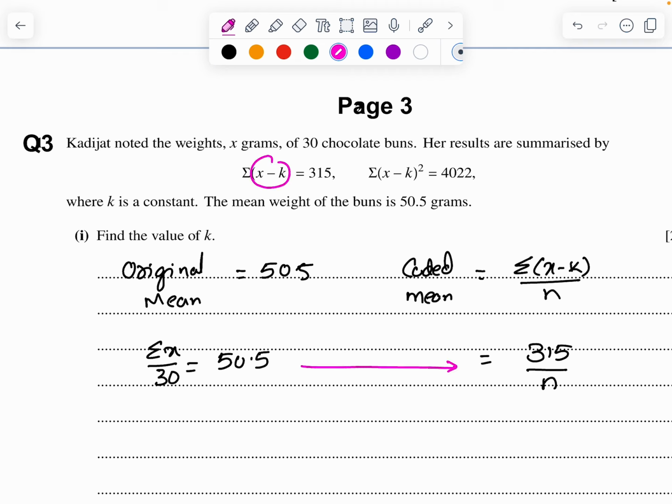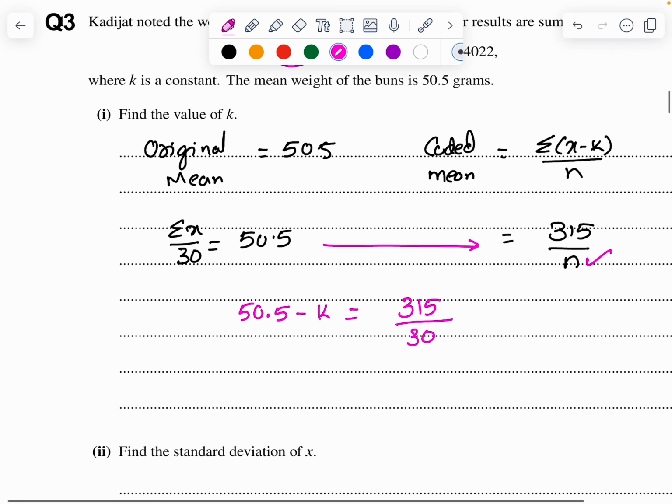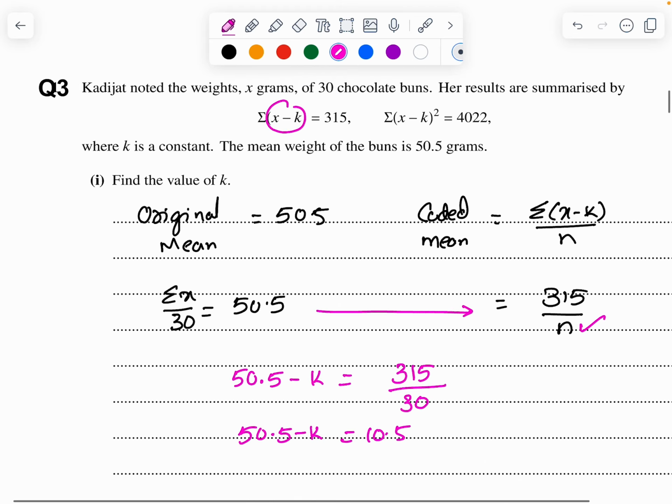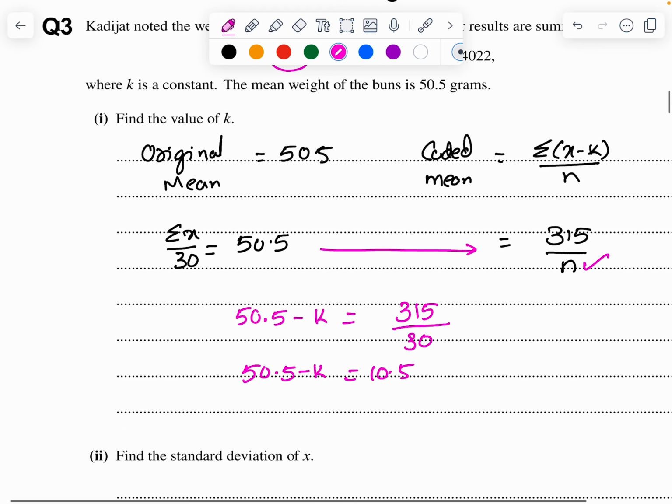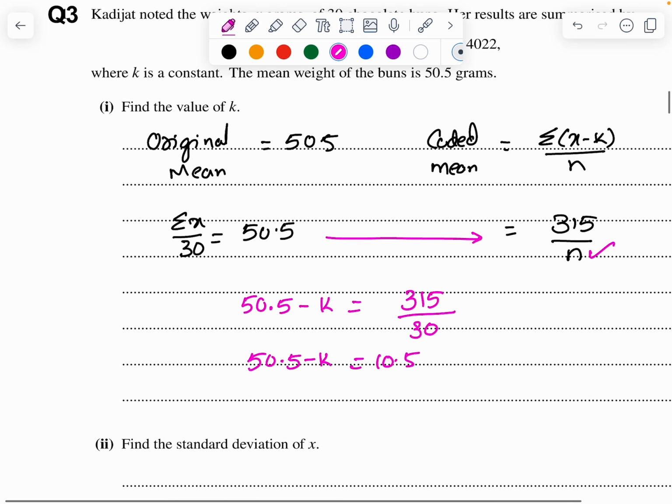Because the coding is x minus k, 50.5 minus k equals 315 divided by n. We know n is 30, so 50.5 minus k equals 10.5. So the k value should be 40. That's going to be the answer.